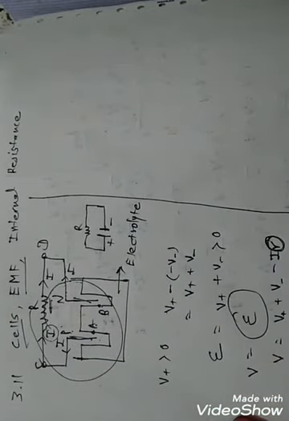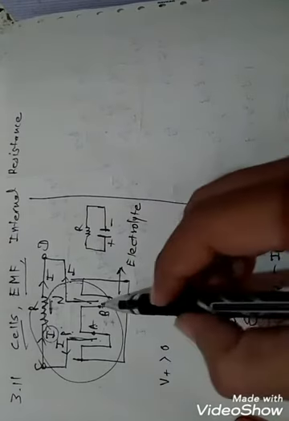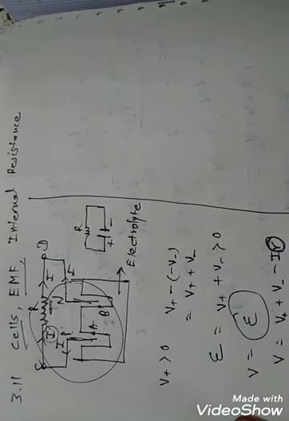So V is equal to EMF minus Ir. Note the negative sign in this expression for the potential difference between A and B. This is because the current I flows from B to A in the electrolyte.